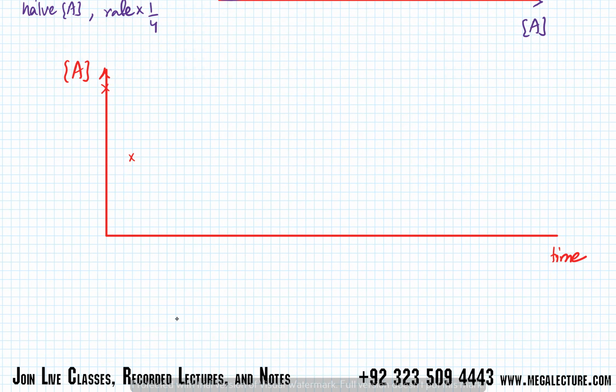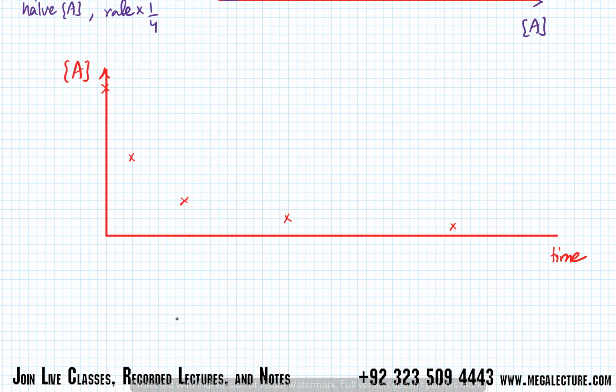So the next time, it requires double the time for the concentration to decrease by half. After that, it's going to take again double the time for the concentration to decrease by half once more. Because it's going to slow down by a much bigger margin, the next time it might take a much longer time for the concentration to decrease by half.